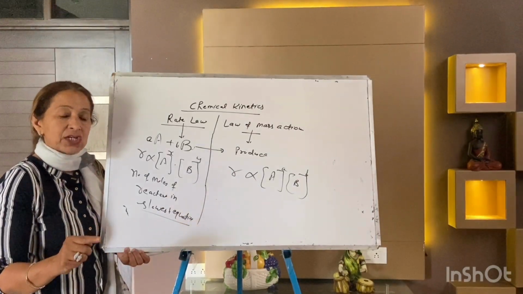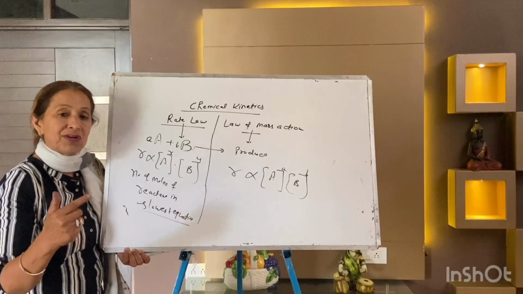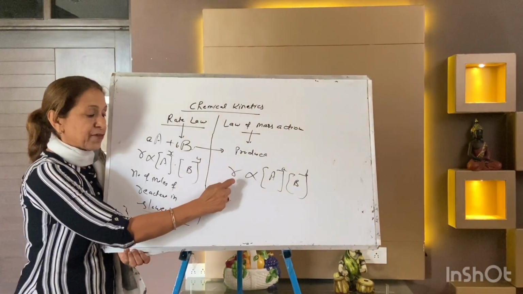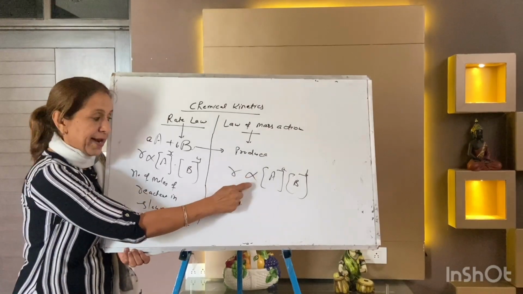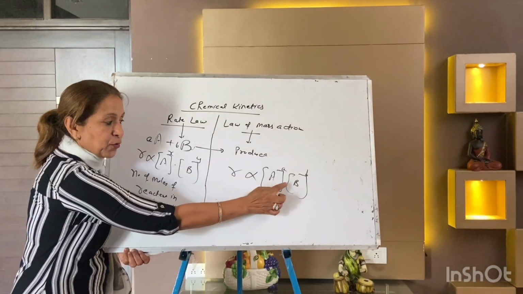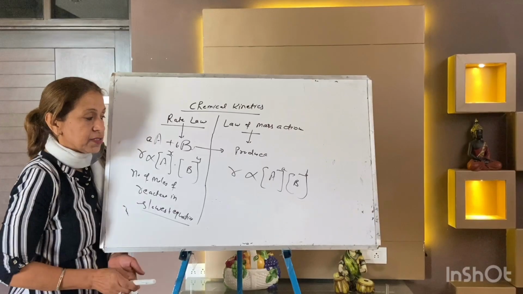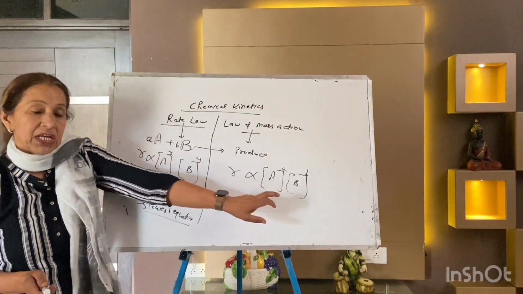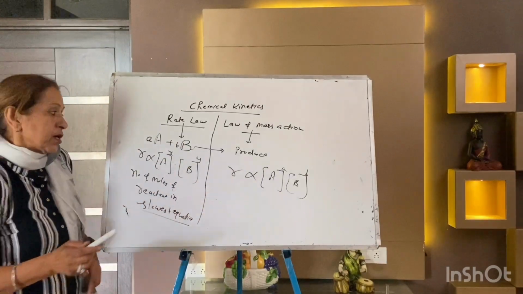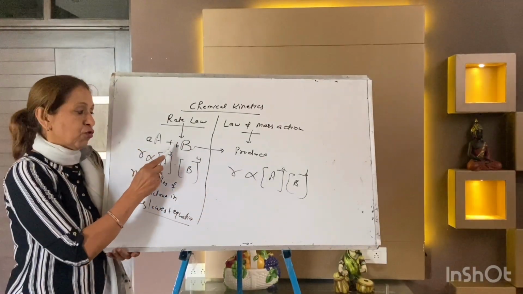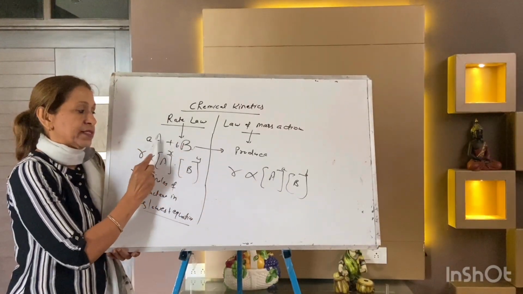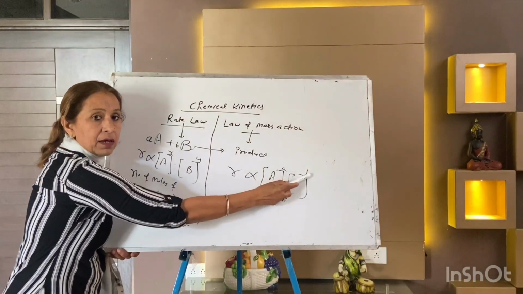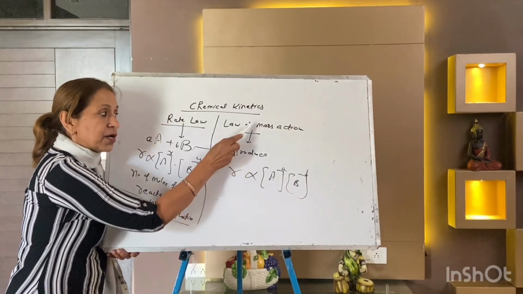According to law of mass action that you studied in the chapter chemical equilibrium in class 11th, the rate of the reaction is directly proportional to the product of the molar concentration of the reactants, A and B, with each concentration term raised to a power equal to the number of moles present. Here your A and B are raised to the powers a and b. So this is law of mass action.